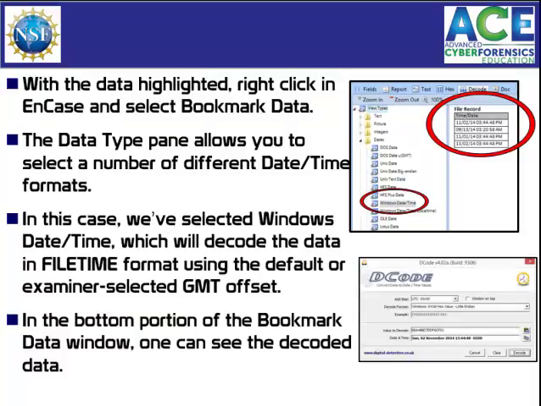Inside of EnCase, we can also use the decode feature to decode that information. Conversely, we can also take a value from the registry or any other source and use a program called Decode, which is available for you free of charge, and we'll cover that very shortly.